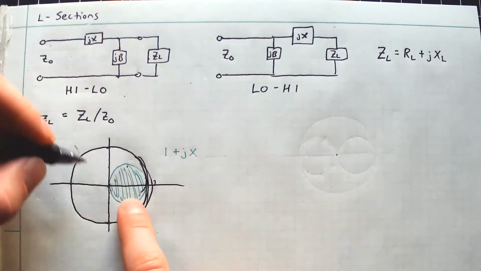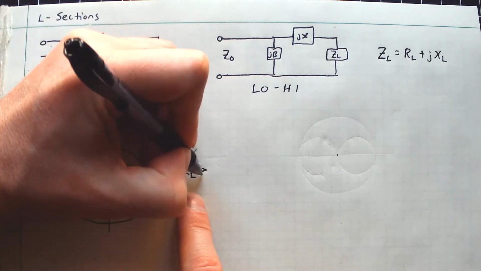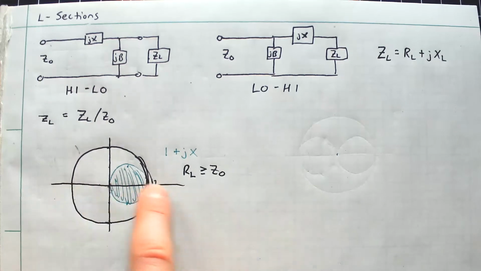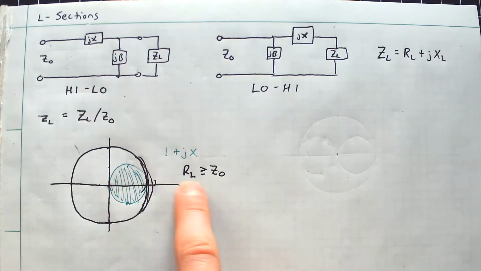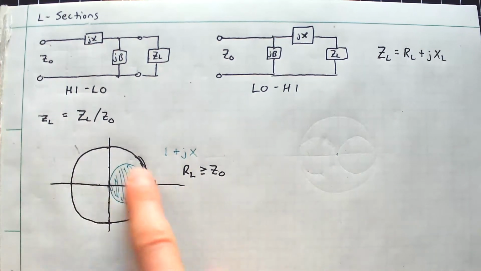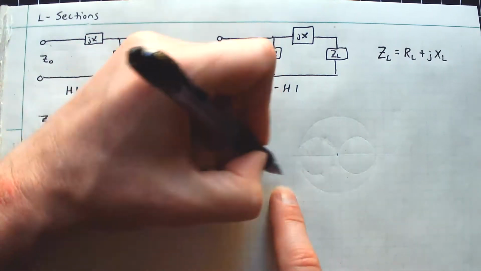So you can think of inside this circle is a condition R sub L is greater than or equal to Z naught, right? So remember, short circuit is over here, open circuit over here. So if I have some reactance with a high real part of my impedance, I will land somewhere inside of this circle, and this will correspond to the high-low.